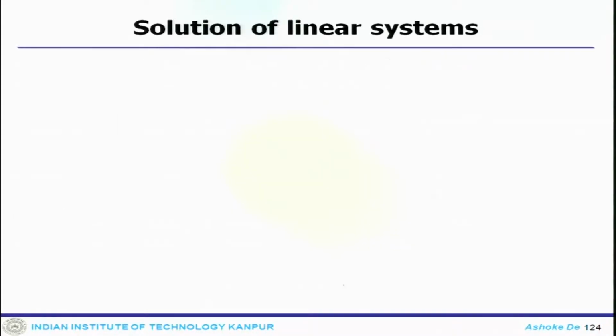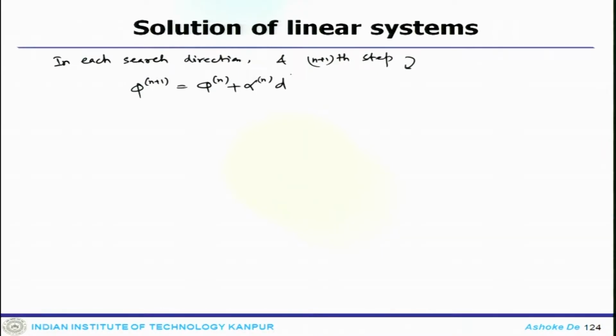Now in each search direction, the right step size is taken and the solution would be found after n steps. The n plus 1 step can be written as phi n plus 1 equals phi n plus alpha n dn.